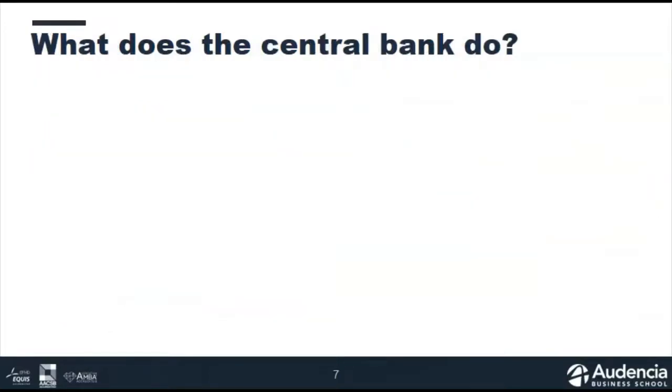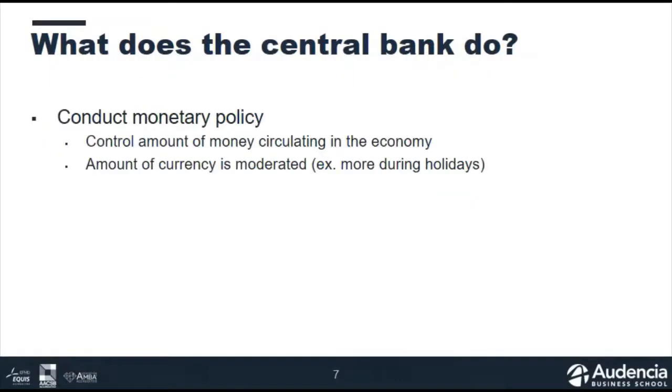So what does the central bank do? Well, first off, it conducts monetary policy. And this is what we'll get to in a few moments, this idea of saying we're going to control the amount of money in circulation in the economy to either expand or contract aggregate demand to help us manage the economic system. This amount of money is currency, and we've spoken about M1 and M2, and we have to moderate the amount of money.